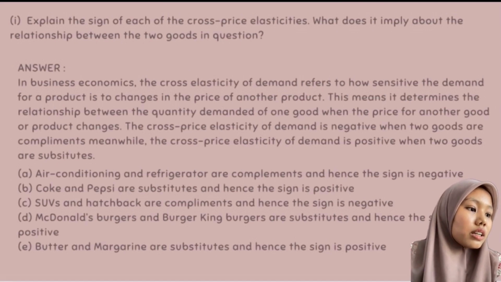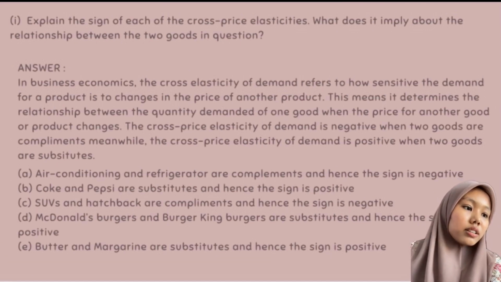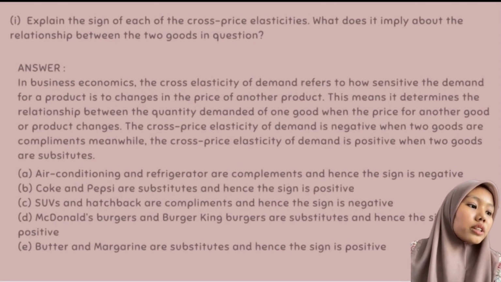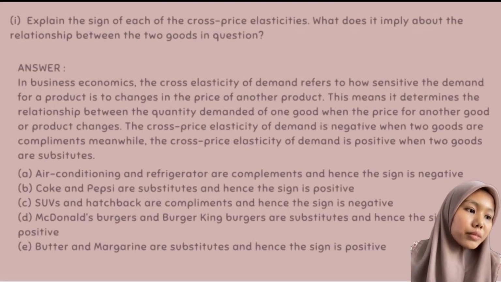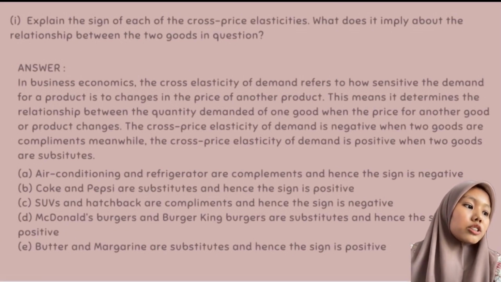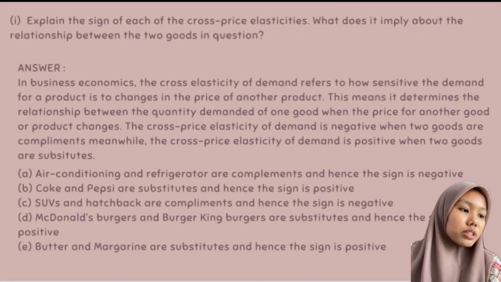This means it determines the relationship between the quantity demanded of one good when the price for another good changes. The cross price elasticity of demand is negative when the two goods are complements. Meanwhile, it is positive when two goods are substitutes.